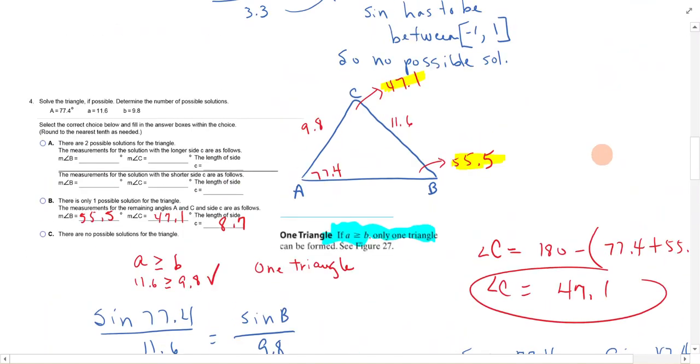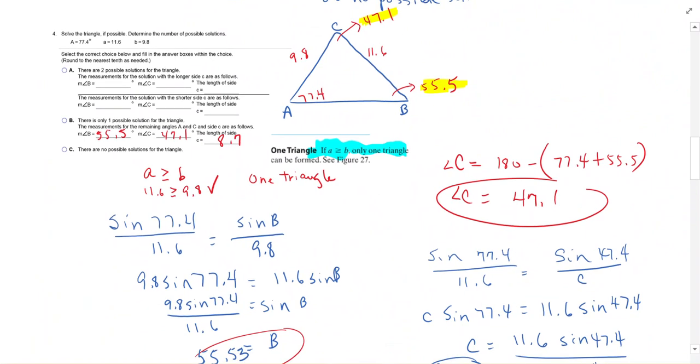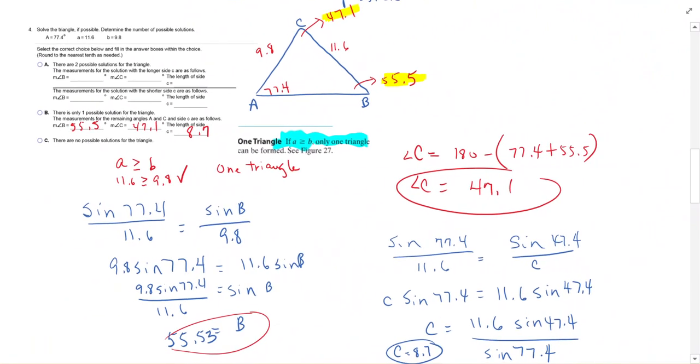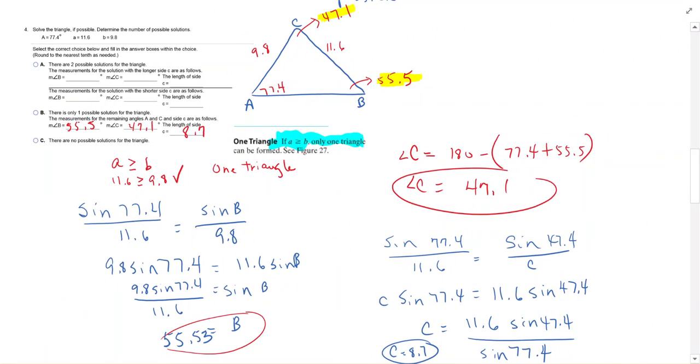Let's get to 4. Number 4, A is greater than or equal to B. I think we had that one. And so we can just use the law of sines. Sine of 77.4 over 11.6 is equal to sine B over 9.8.